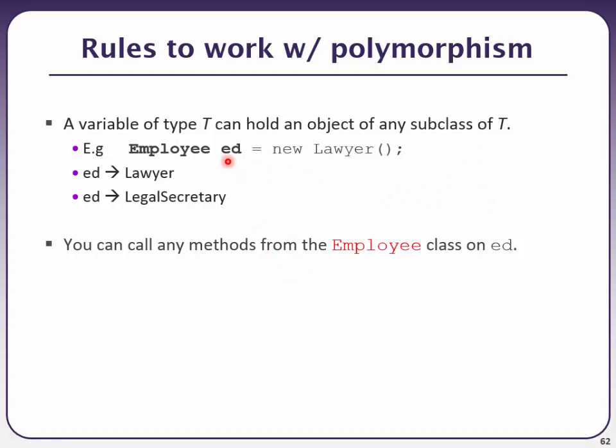If you have a variable meant to hold a reference to the class employee, well, you can call any method from the employee class on the object referred to by the reference inside of head.